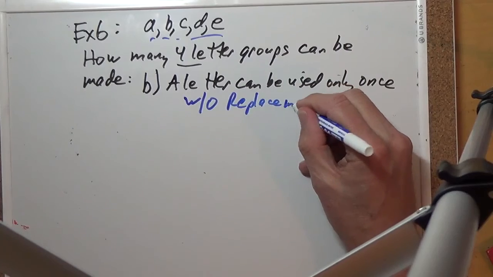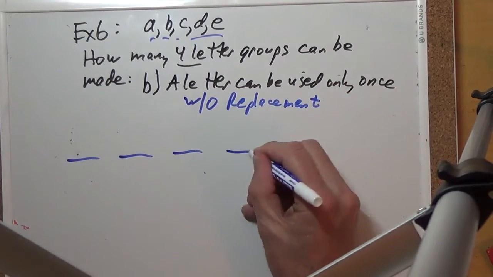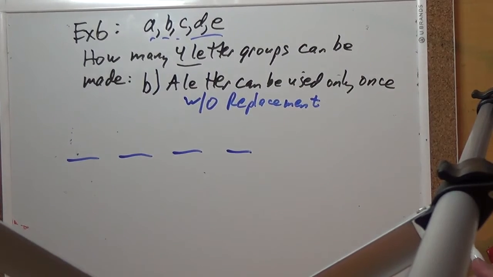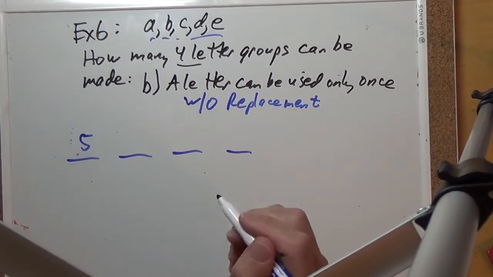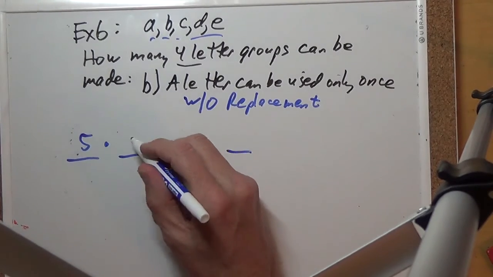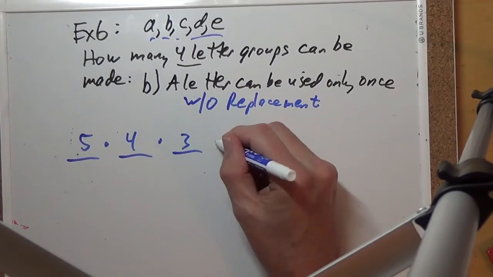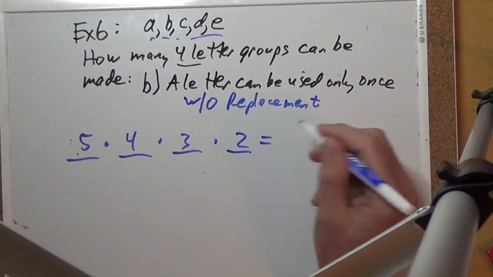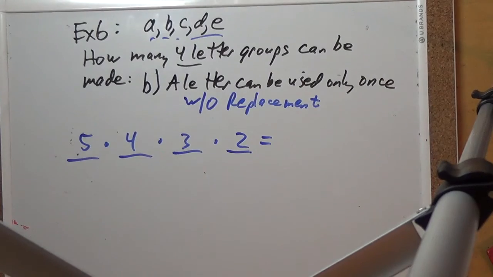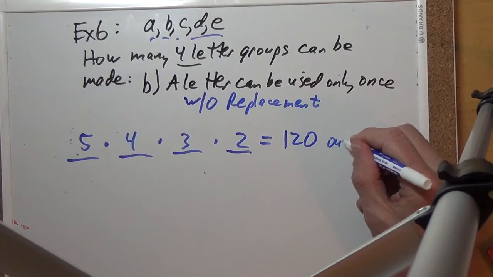Let's see how it affects our count. Hopefully you kind of see this like the horse race. There's 5 choices for the first, but I used one of the letters. I didn't put it back, so now there's only 4 choices for the second, 3, and 2. Now there's only 120 total outcomes.